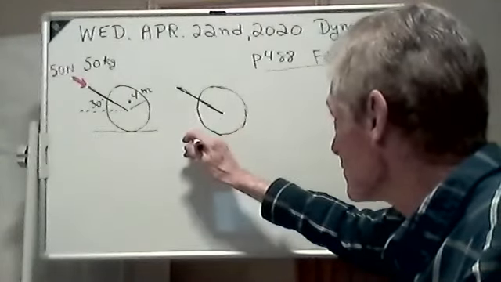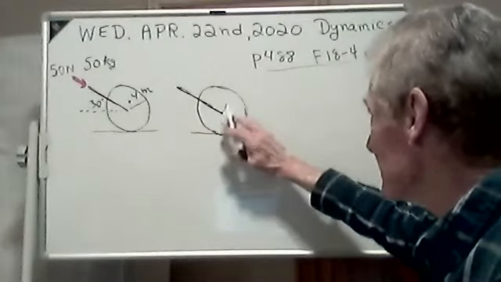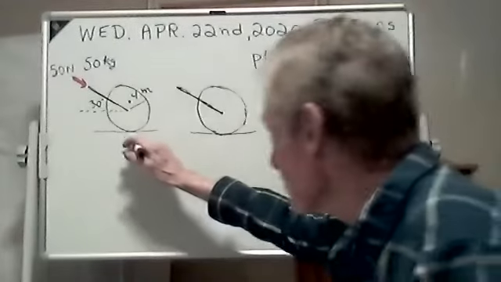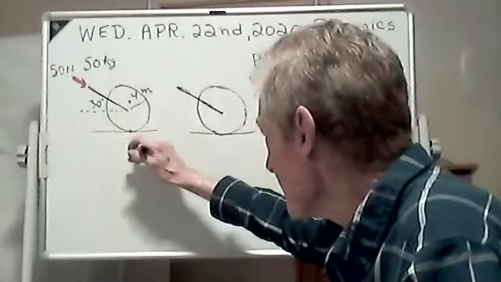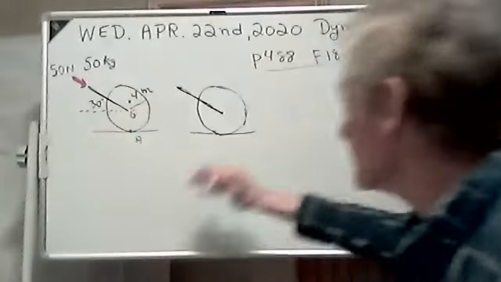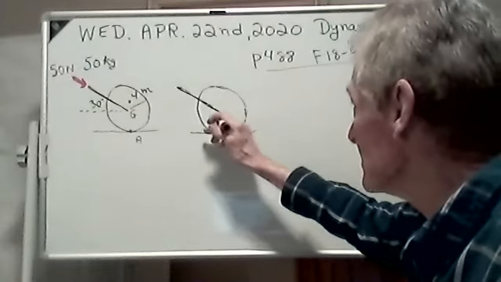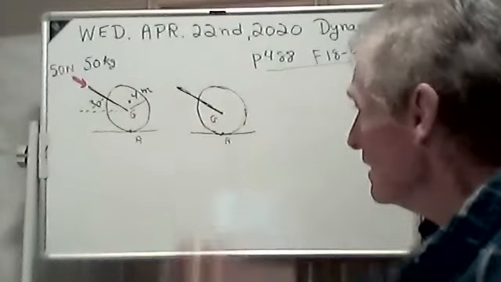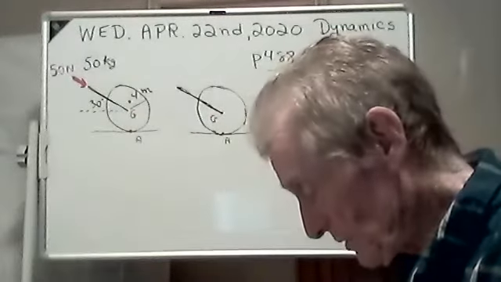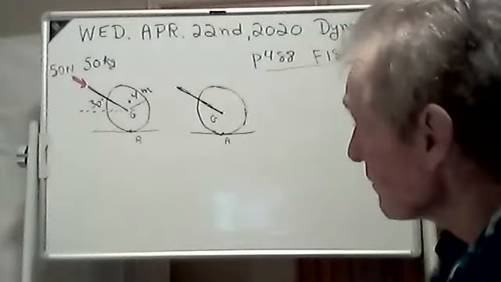Now here's your surface. And we're going to call this point A, call that point G. There's A and there's G. And we're going to put the rest of the red stuff on there.